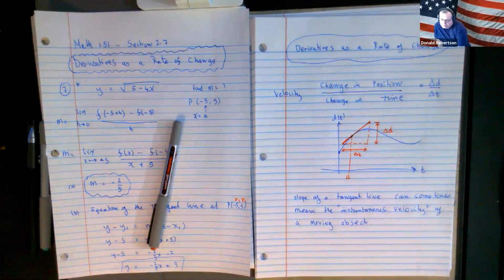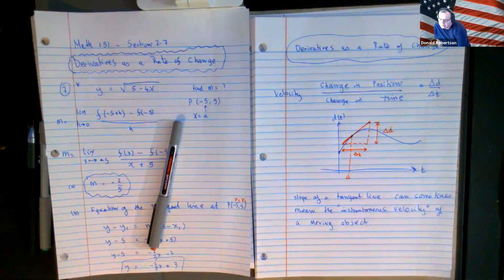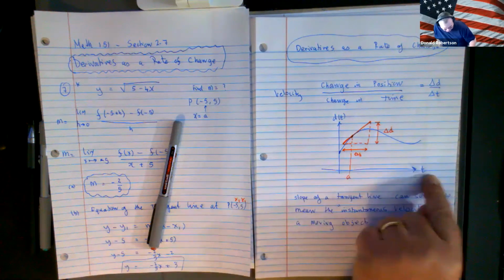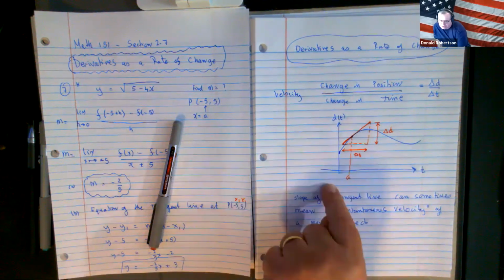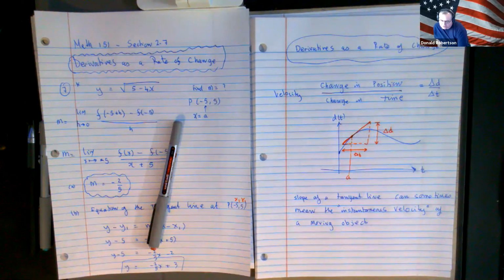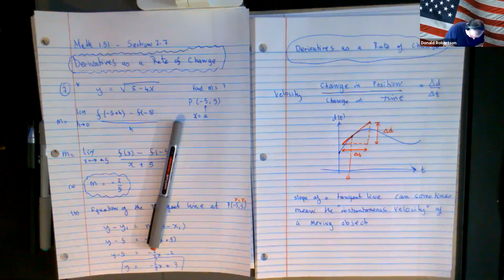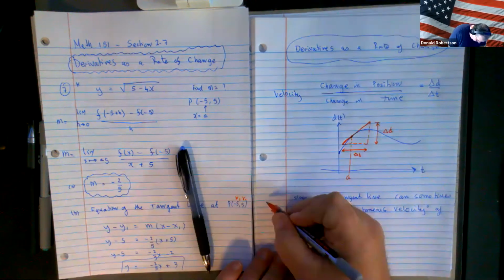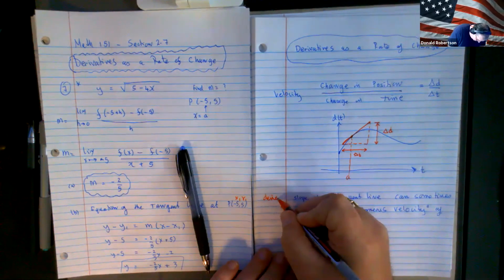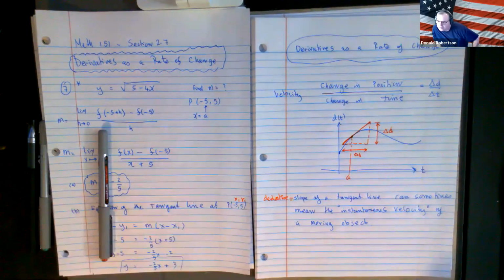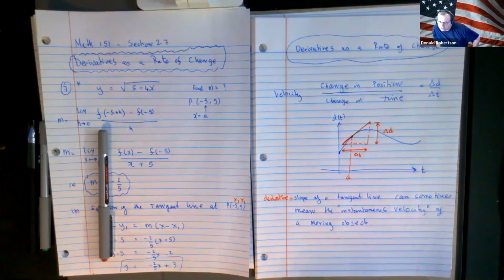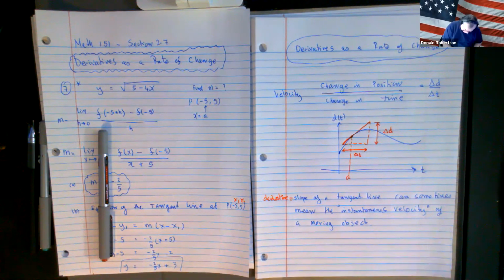So here is a reason for finding the slope of a tangent line in some contexts. And what are those contexts? Well, if the x-axis is time, t, and the y-axis is position, d of t, then the derivative in those cases, which is what the slope of a tangent line is, will tell you the velocity of this moving object at a given time, t.